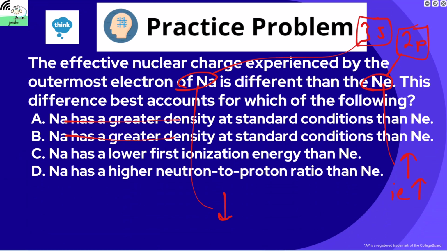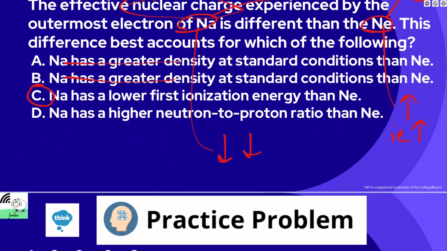Na's valence electrons are in the 3s sublevel, so less attraction, lower ionization energy. So there's your answer. It's talking about nuclear charge, and attraction between the outermost electrons and the nucleus. You can really use that as a way to justify ionization energy. So again, just something else to think about as we move forward.